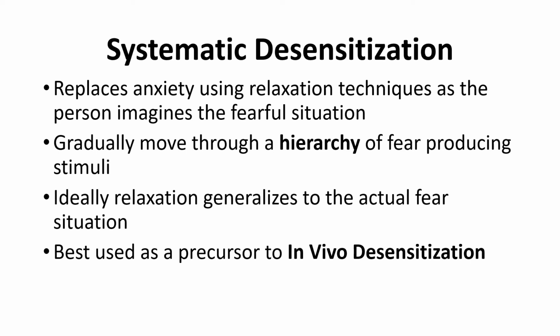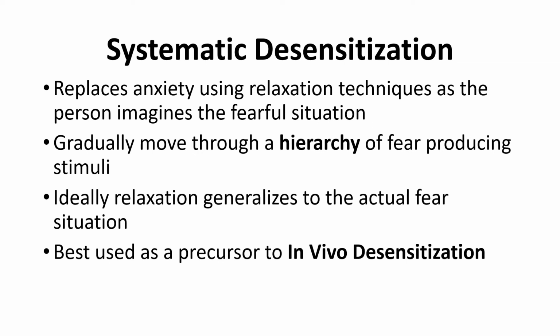Now, keep in mind that with systematic desensitization, we're only focusing on imagery. So you're imagining being in the room with the dog, touching a dog, but there isn't an actual dog in this situation. The hope is that this relaxation would generalize to the actual fear in the real world. And that isn't always the case.